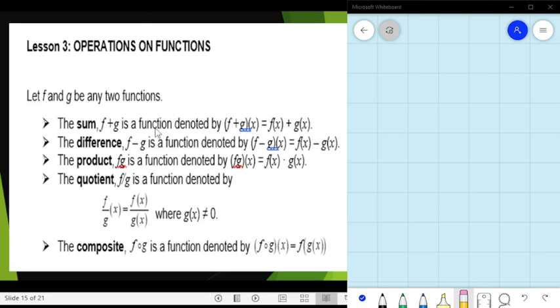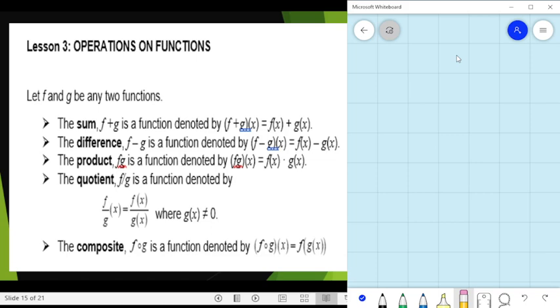So the sum F plus G is a function denoted by F plus G of X, which is equal to F of X plus G of X. And the second one is the difference F minus G is a function denoted by F minus G of X, which is equal to F of X minus G of X. Then the third one is the product FG is a function denoted by FG of X, which is equal to F of X times G of X.